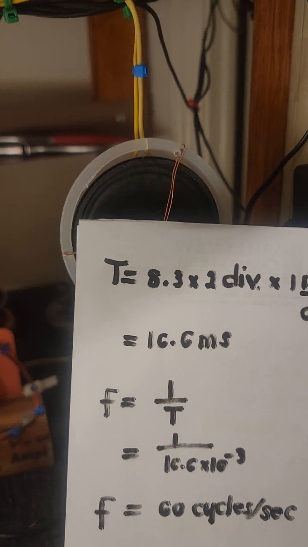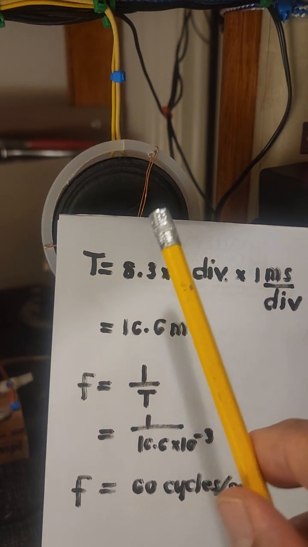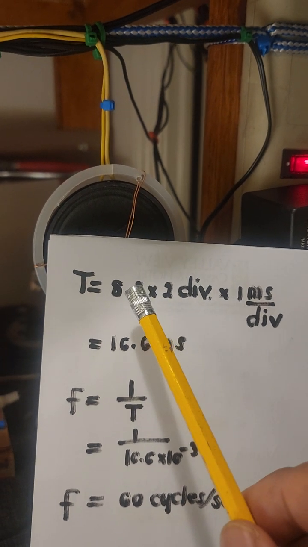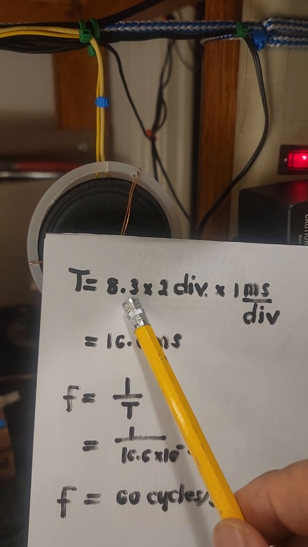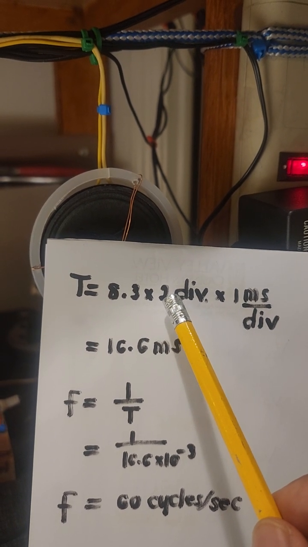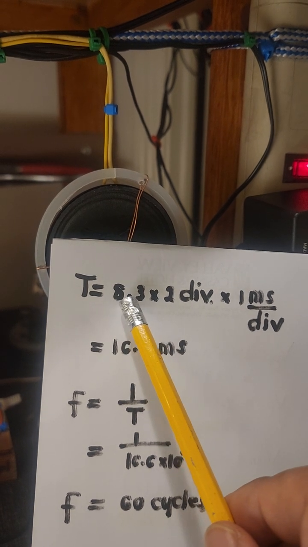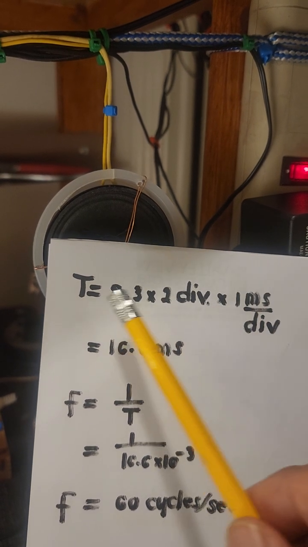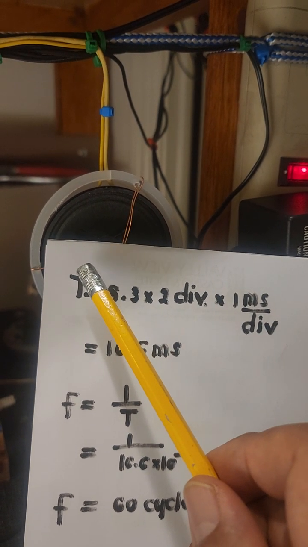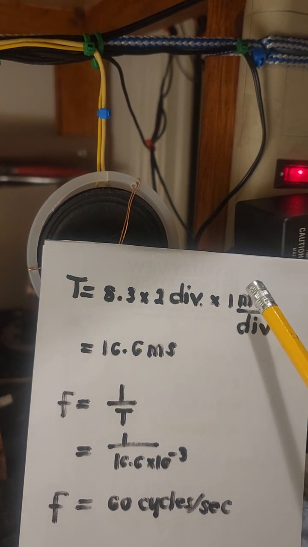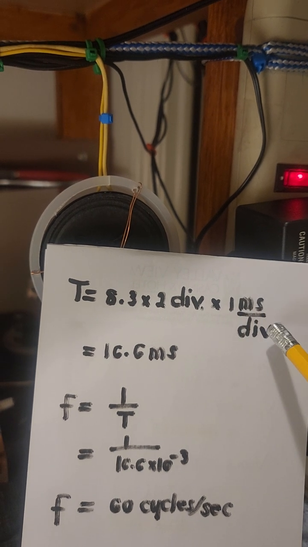If we try to bring out the calculation, to compute the period of the whole cycle, the half cycle is 8.3 divisions, right? So for the whole cycle, we will multiply that by 2. That will be the total number of divisions for one complete cycle of the alternating voltage. To compute the total period of time per cycle, we will multiply this by 1 millisecond per division.